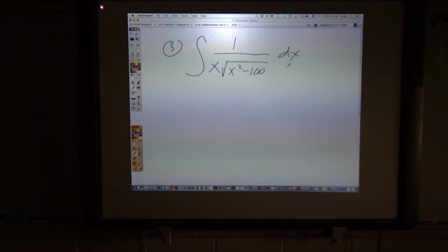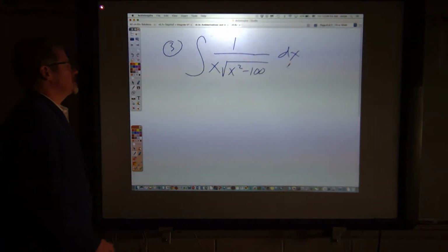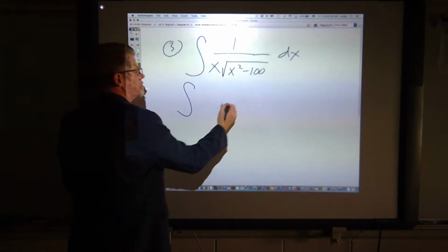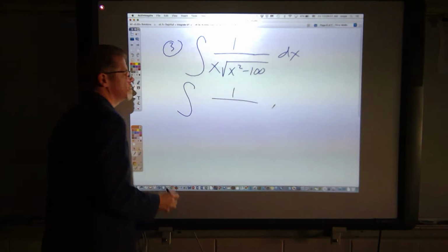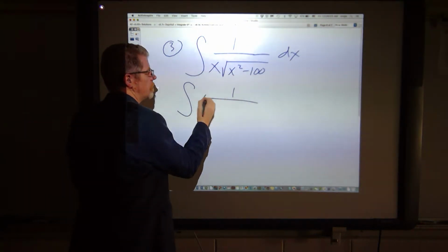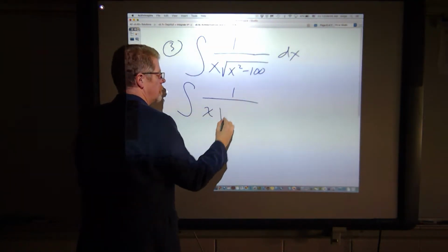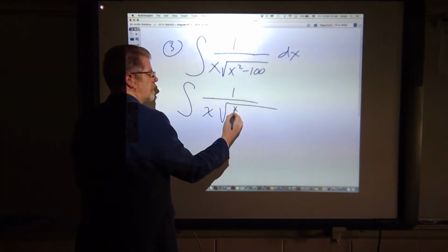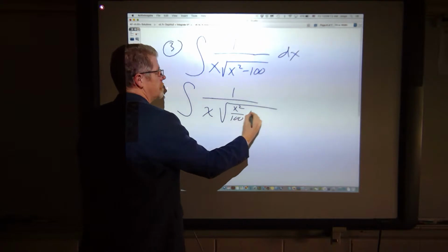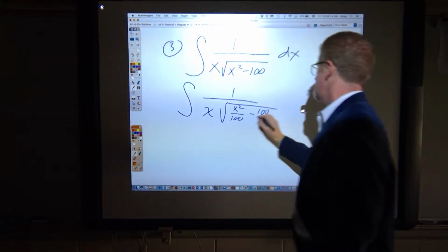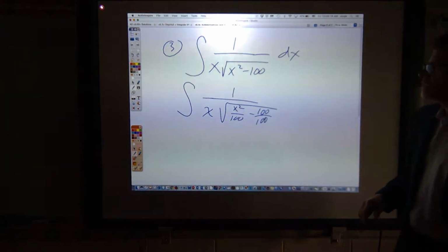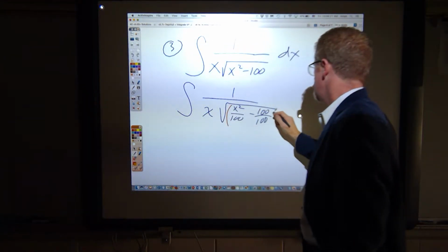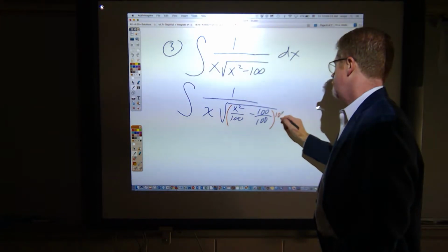So this is the problem, and using a doctor and counterbalance approach, we want to turn that into the number 1, so it's going to be x squared over 100 minus 100 over 100. So I'm doctoring up the radicand in a way that's not surprising to you based on what's been happening so far today.